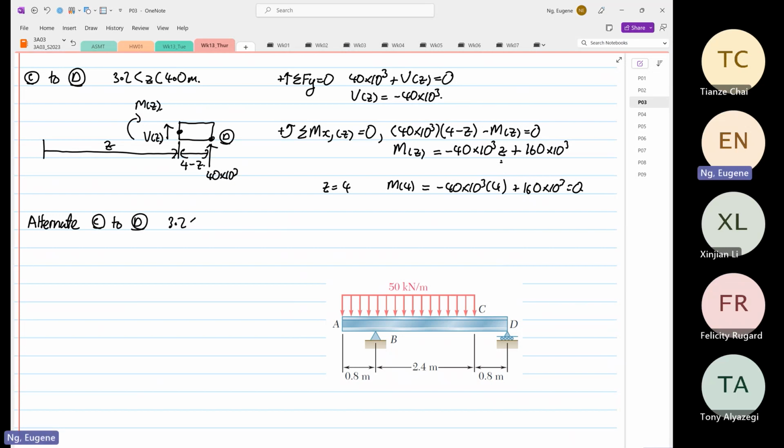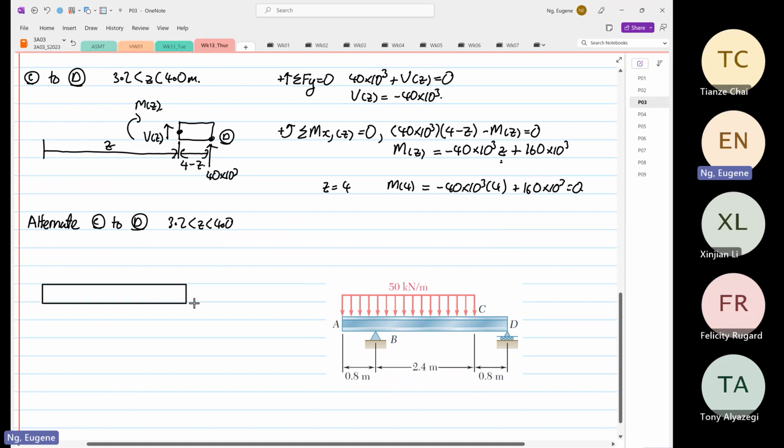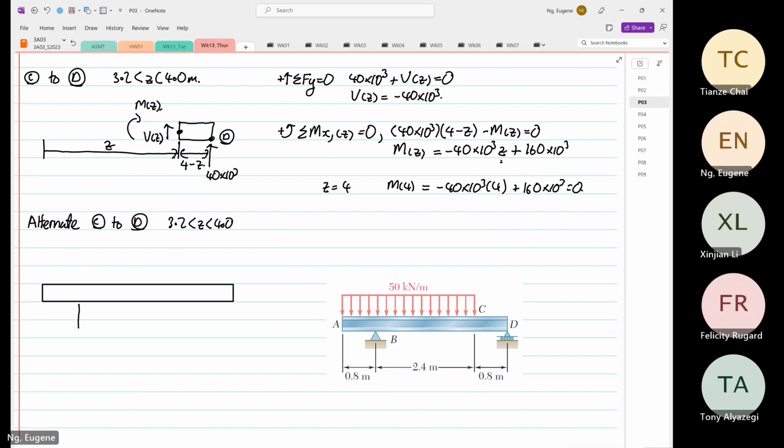And 3.2 z to 4.0. Right, you will realize that there's a lot of terms to consider. Okay, so now we have this, right? So we know that over here is 120 times 10 to the power 3. So this is the easy part.